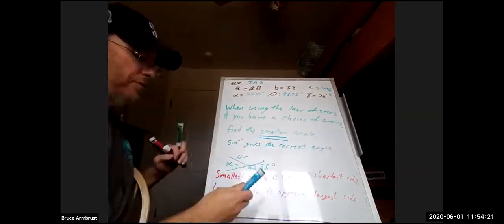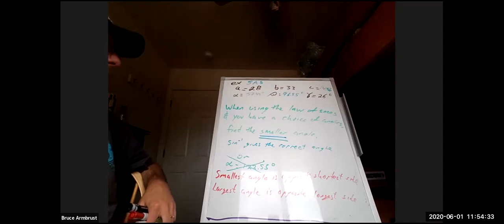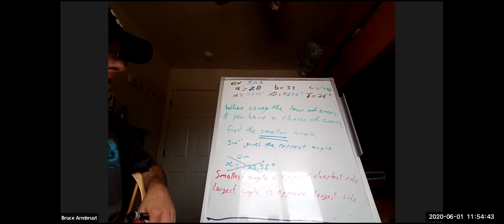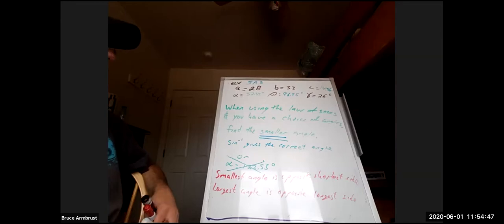So I'm all about doing a minimum amount of work. I'm also all about getting things right. So this is what I do. If I'm given a choice and I'm using the law of sines, then I find the smallest of the available angles. All right, so there's an example of your side-angle-side.